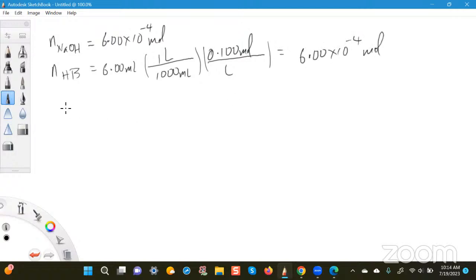All right. So in this case, we have the sodium hydroxide reacting with the acid, and the products would be the sodium salt, sodium butanoate, plus H2O. All right.